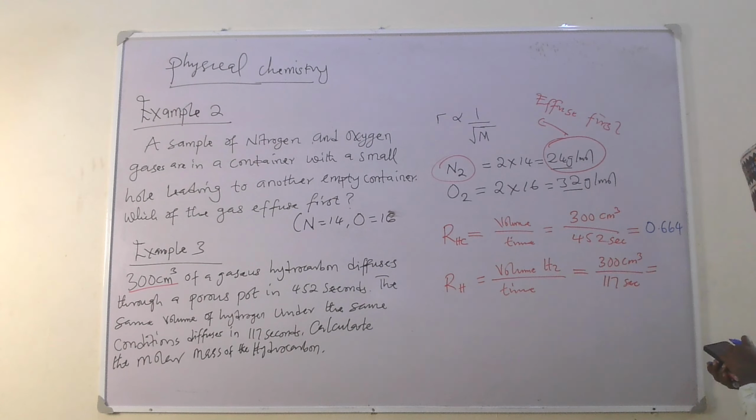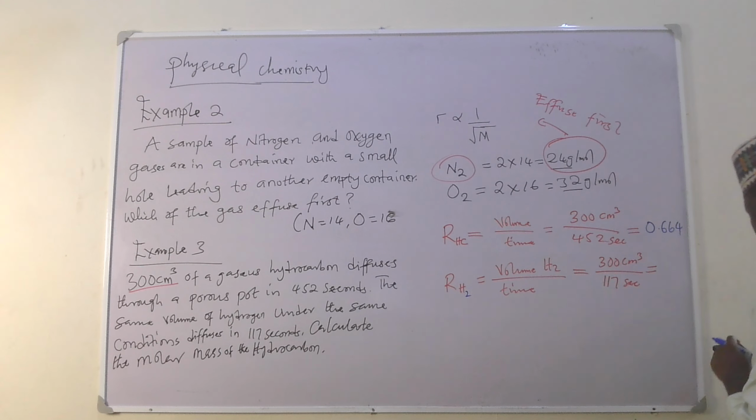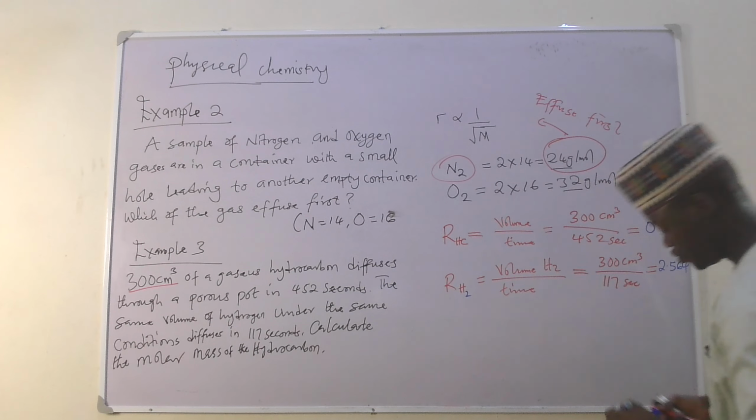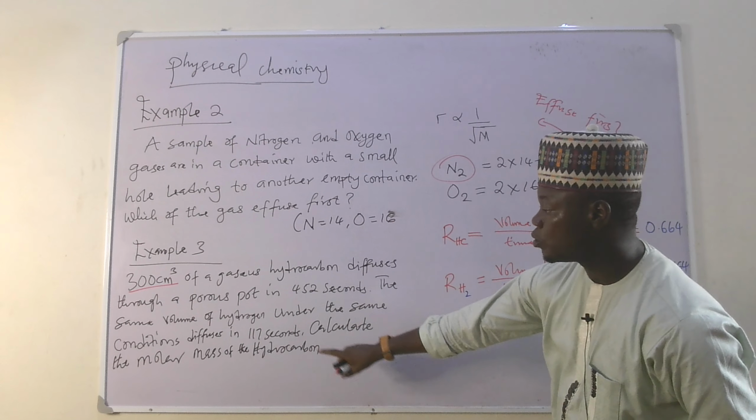And then the rate of diffusion of hydrogen gas is going to be 300 divided by 117, and this will give us 2.564. So these are the two rates of diffusion.